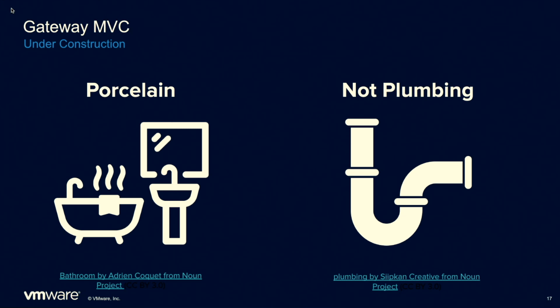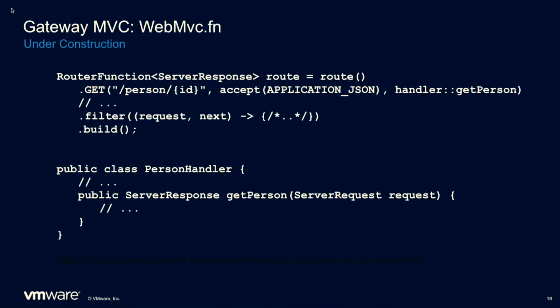In this case, I didn't want to go to that level. Well, it's awesome because there's this thing that my colleague Arjen wrote, called webmvc.fn. This is a functional version of Spring MVC. So rather than @Controller, you have something that looks like this.